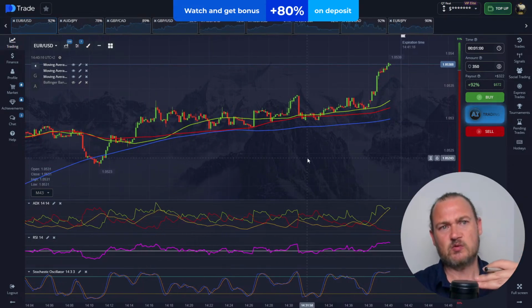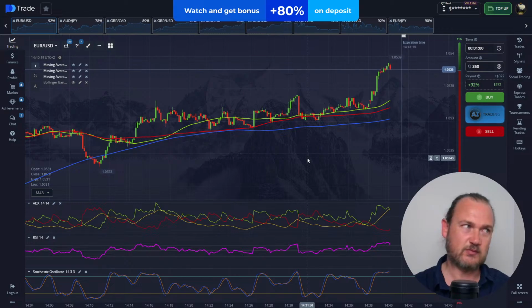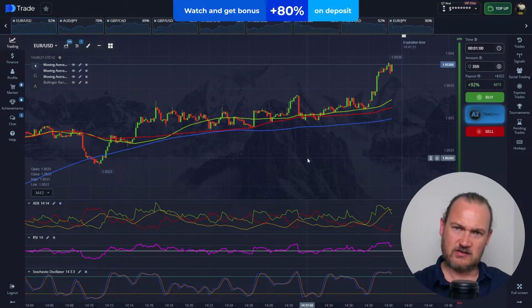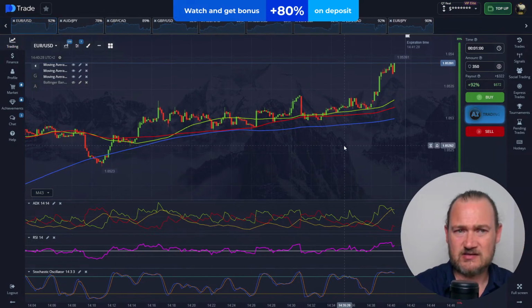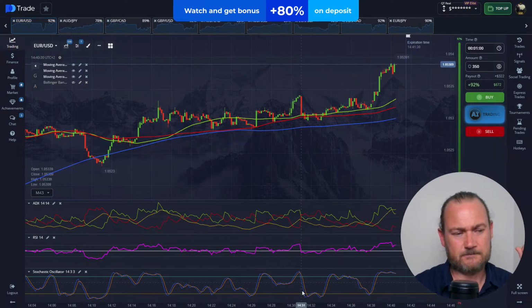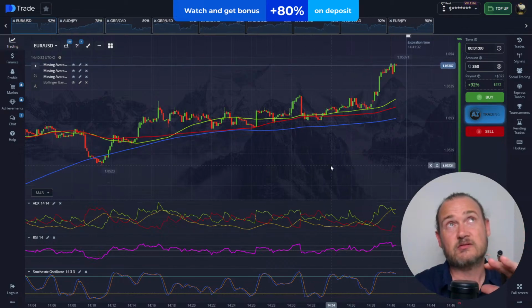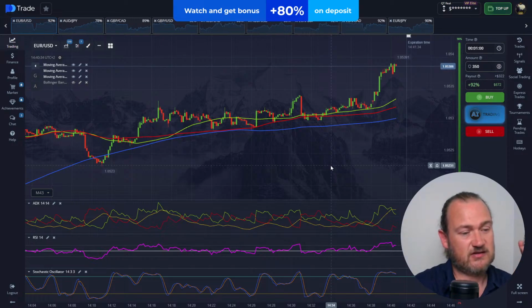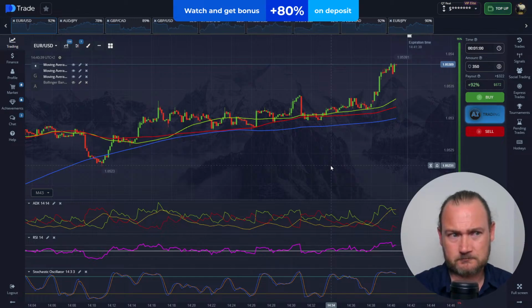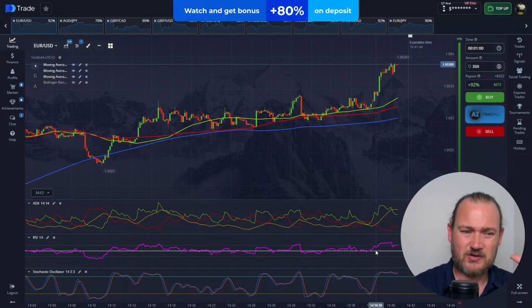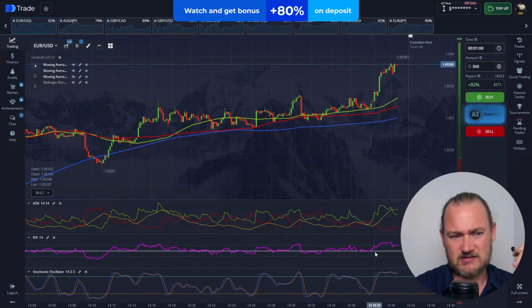So you should be getting a lot more, I want to say fake or lower probability signals and so forth. It's going to be easier for me to say that when I'm trading on a 10-second chart, I only use the stochastic to find divergence. I don't use it in any other way, really, when I'm looking at 10-second charts.